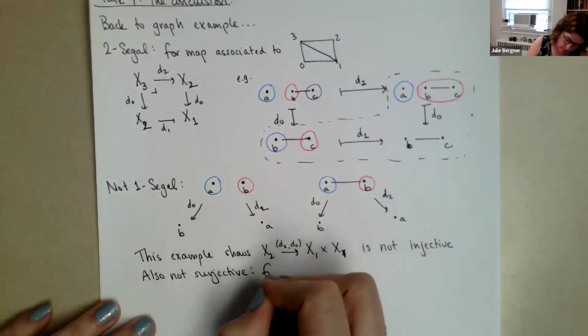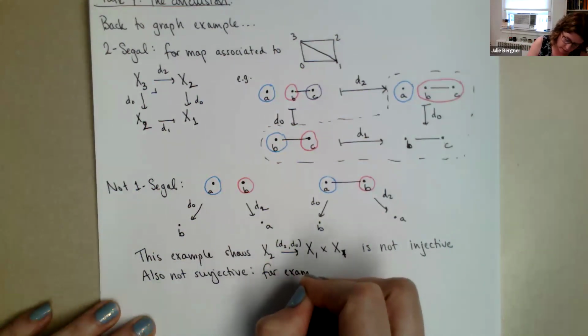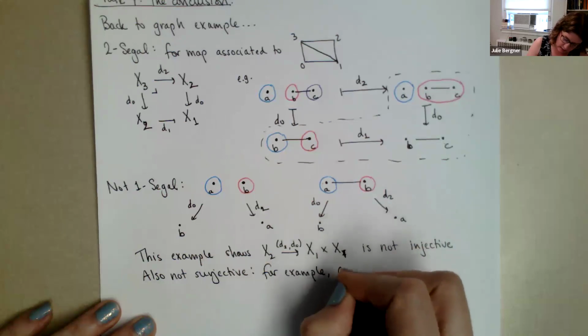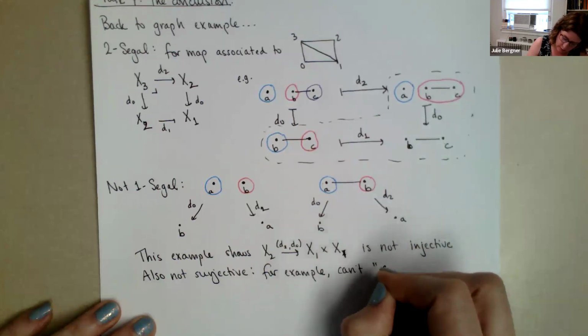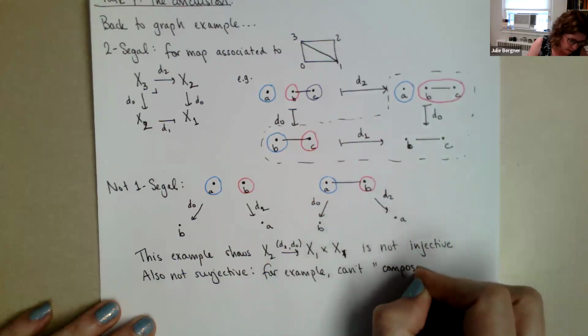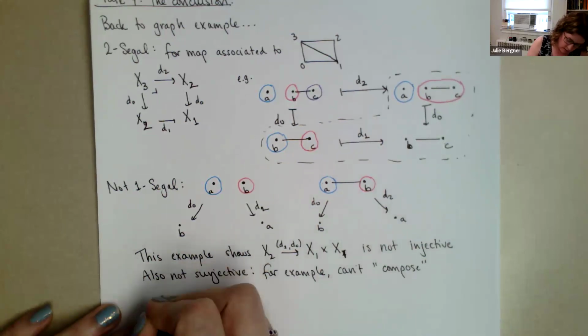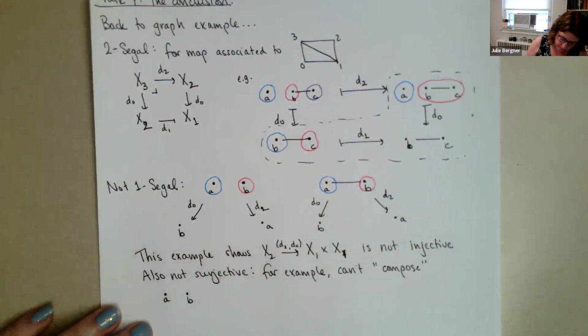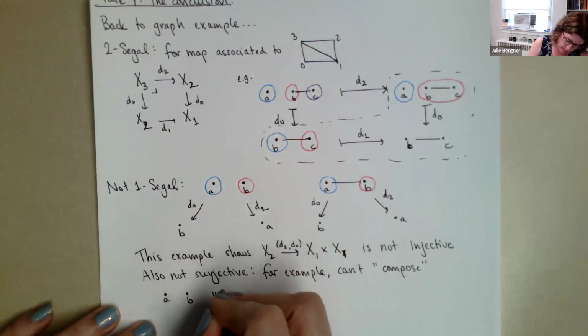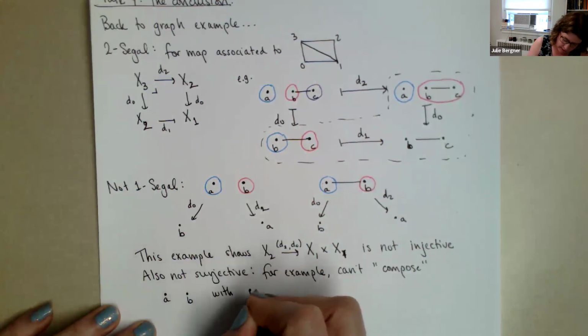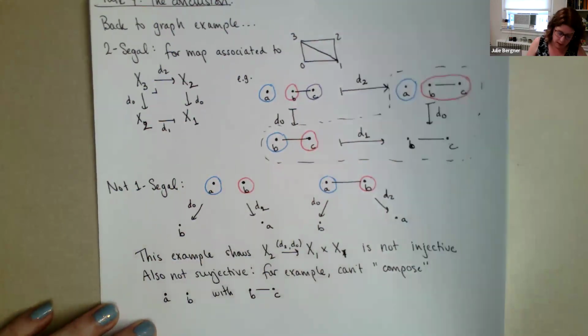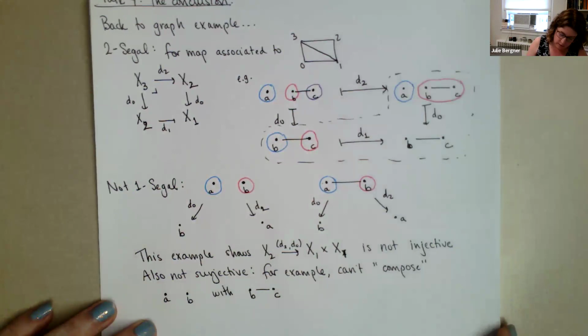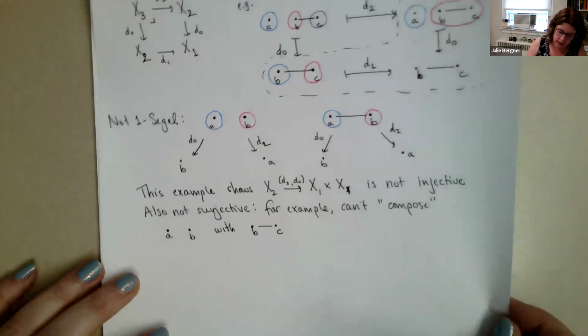And as an example, we can't compose, say, the subgraph AB with the subgraph, say, BC. And the reason we can't do that, right?